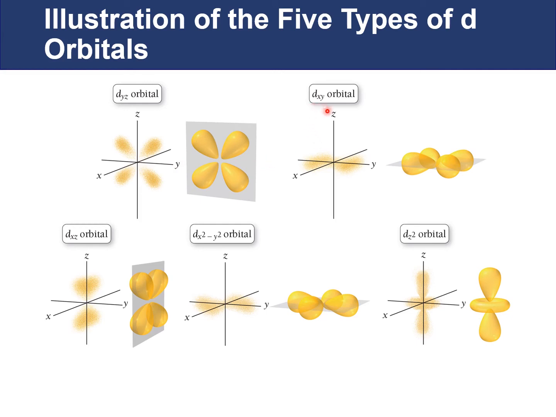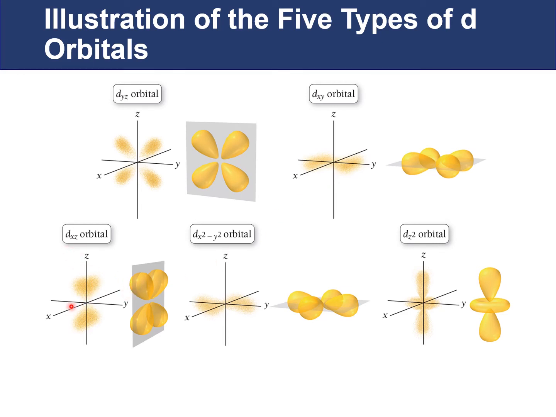The dxy looks the same as our dyz, except it is rotated, so it is lying along the xy plane. The lobes themselves are located in between the axes. They do not lie on the axes. Same with the dxz.